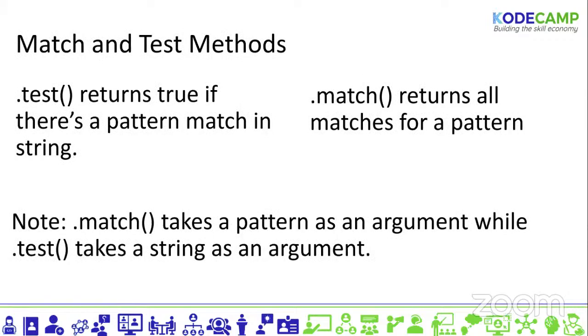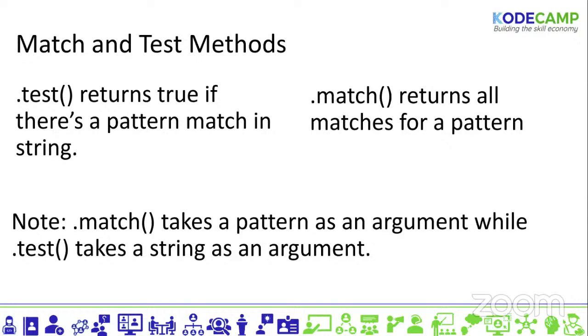So let's look at match and test methods. When you're testing for a regular expression in a particular string to see if it has that value or that pattern you're testing for, you use the test method, and this test method returns true if there is a pattern match in that particular string you're trying to check that pattern for.